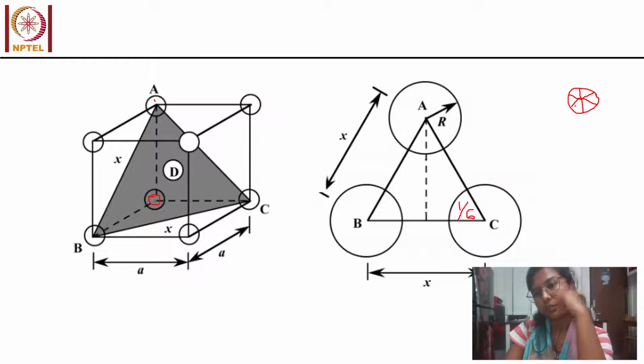If we divide it, so this one part will be my 1/6. Okay.